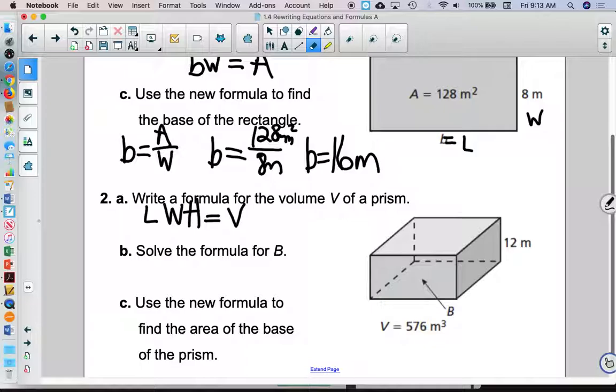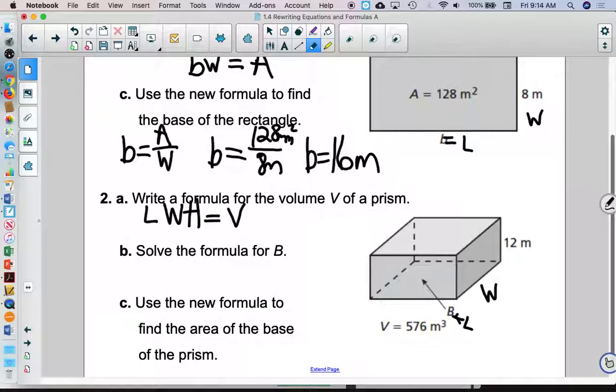That's the formula. Now, they're saying this is my L. B and L are the same thing, base. Okay? Well, isn't it B equal L and W? Yeah. Sure does. I like that too.